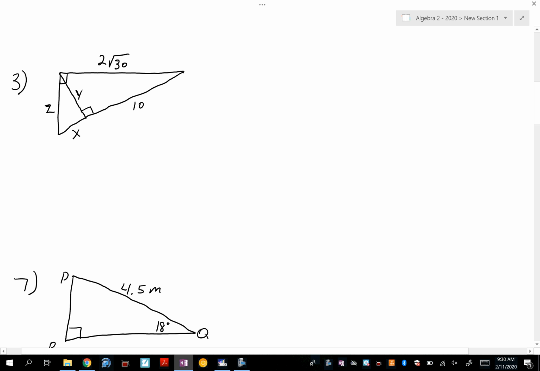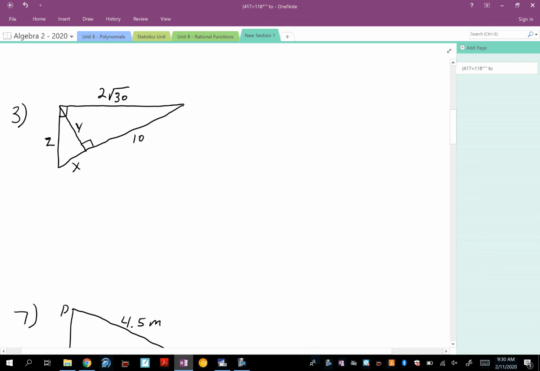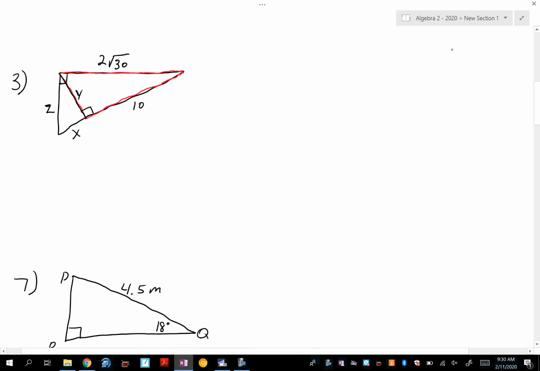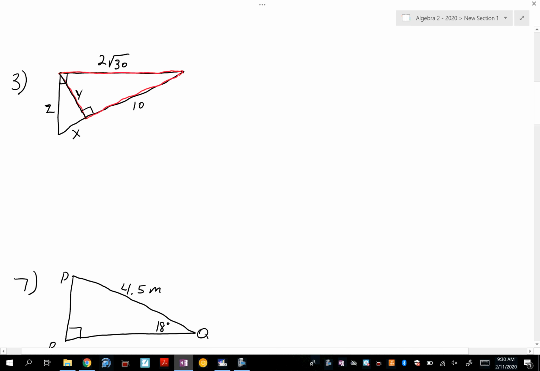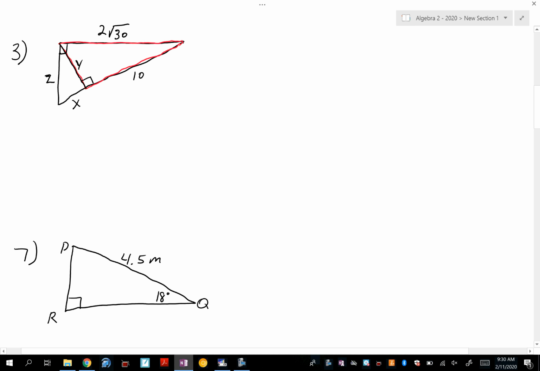So what I'm going to do, and I'll draw over it so you can see, is use this idea that this triangle is a right triangle, and I'm going to use the Pythagorean theorem to find our letter y first, because that letter y is the altitude, and that will allow me to find the rest of the pieces. So my hypotenuse for this triangle that I outlined in red is going to be 2 times the square root of 30, and I want to square that, equals y squared, since I don't know y yet, plus 10 squared.